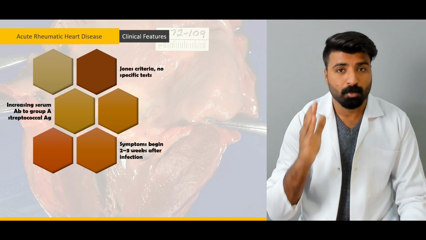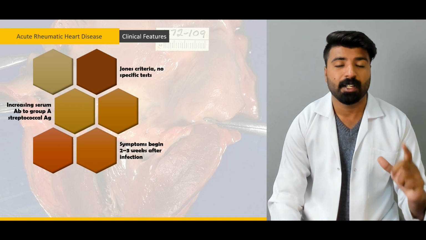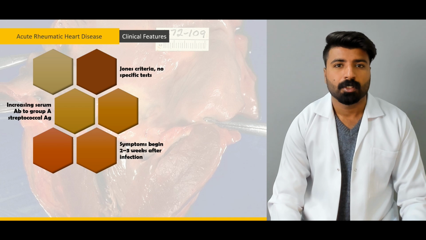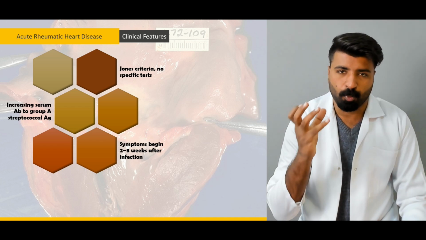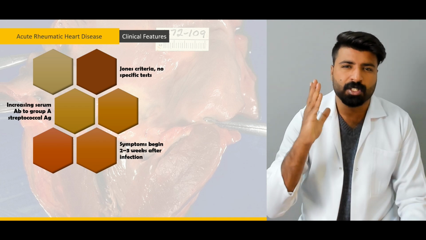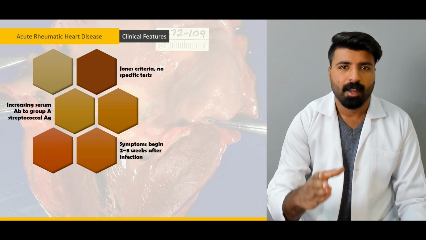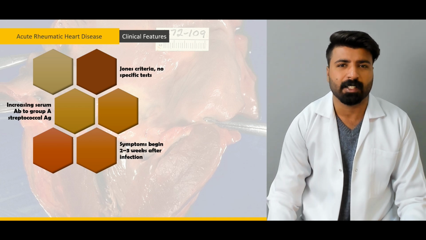Both of those go to myocardial cells and affect them. It affects the sarcolemma, the valves, and the glycoproteins. So it recognizes its own antigens, its own body cells like sarcolemma and glycoproteins, as foreign, and it starts acting on them, competing with them, and destroying them. And the effects are acute rheumatic heart disease and many more diseases like it.